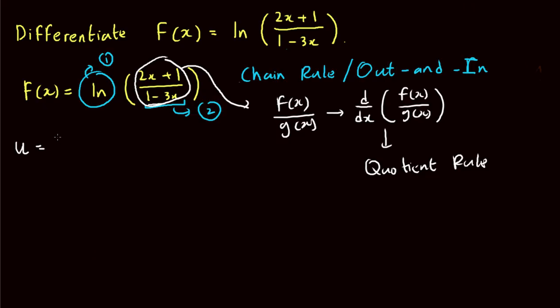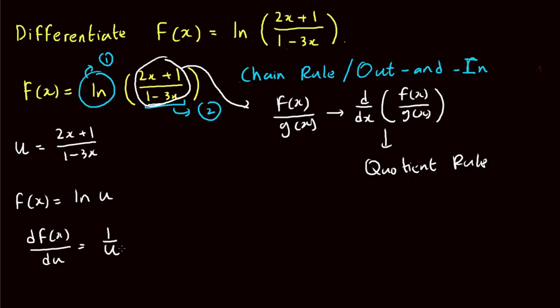So u equals (2x + 1) over (1 - 3x), and I'm going to express f(x) as ln u. So df/du is simply 1 over u. That's pretty straightforward. And for u, if you want to differentiate it, you'll of course have to use the quotient rule.